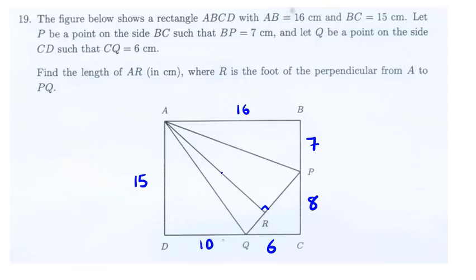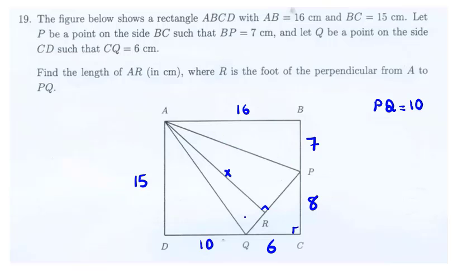We should find AR. So let me call this one x. If we find the area of APQ, and we can easily find PQ by the Pythagorean theorem in this triangle: 8 squared is 64, 6 squared is 36, if you add them up, they will be 100. The root of that is 10. So PQ is 10.